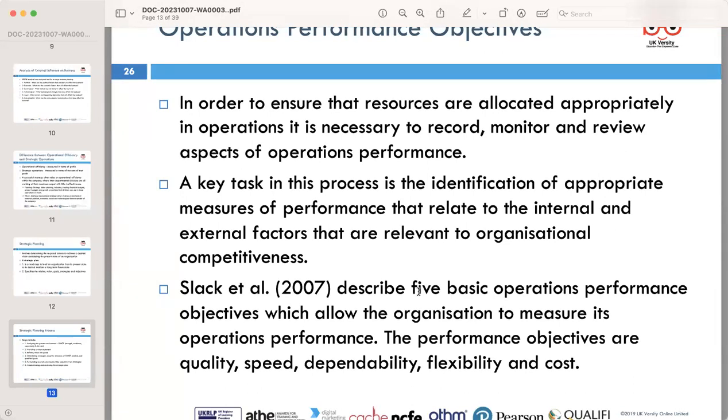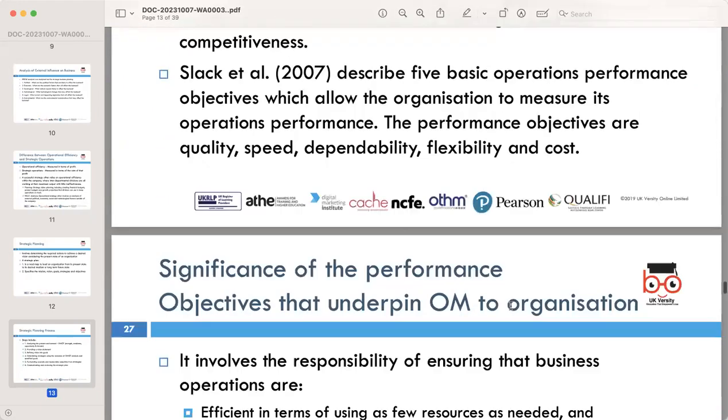So a specific result that contributes to the success of the unit or organization and that an employee is expected to accomplish or produce. So there are 5 key business performance objectives for any organization, including quality, speed, dependability, flexibility, and cost.